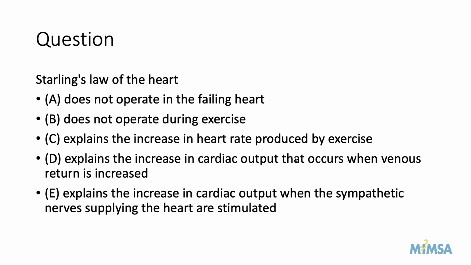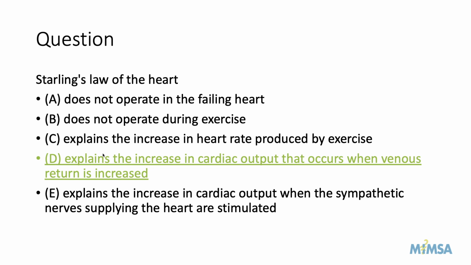So the answer is actually D. I'll explain the reason why. It does operate in the failing heart, because it doesn't have anything to do with the nervous system or anything like that. It's to do with just the muscle tension, because it's to do with how much the muscle stretches.